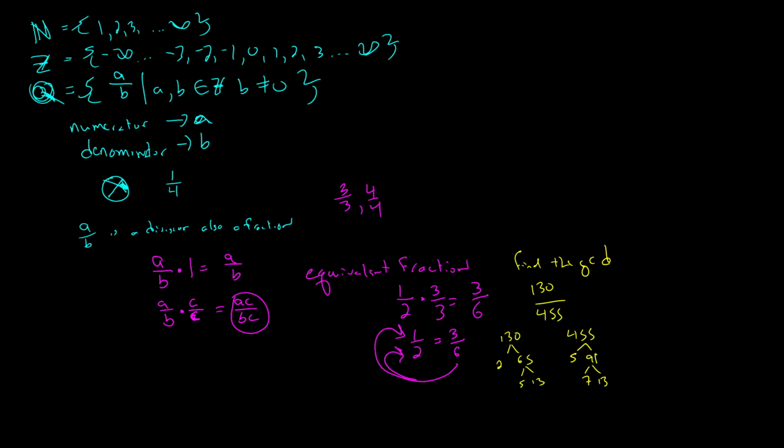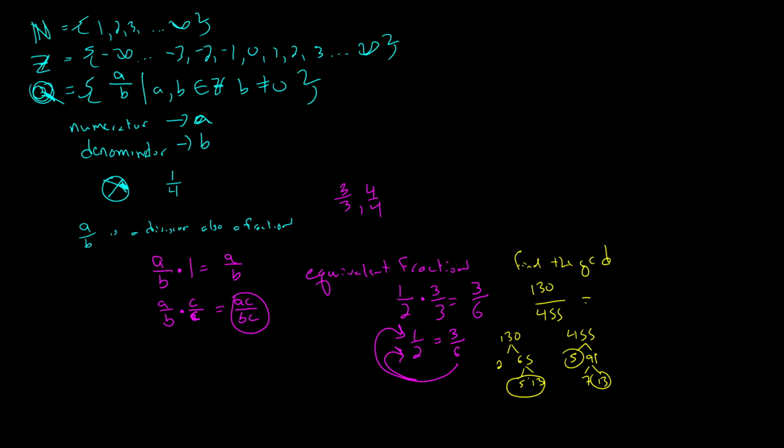And so the common numbers are what? 13 and 5? Right? Or 65. And so 65 goes into both of these numbers.